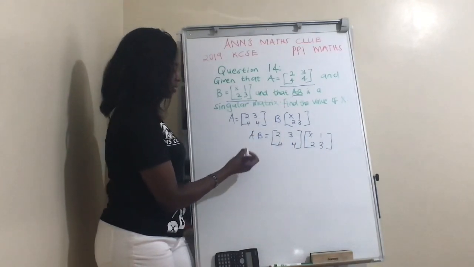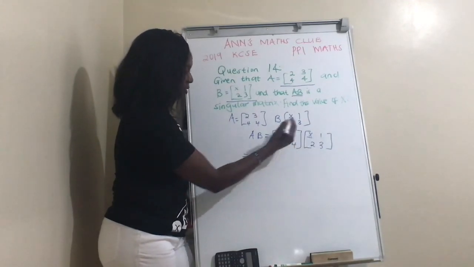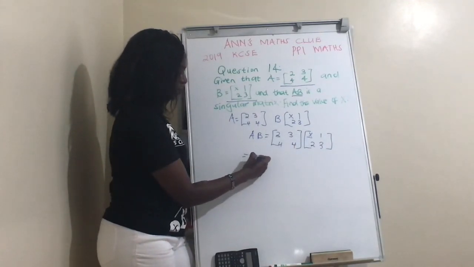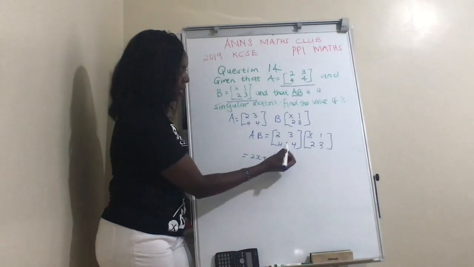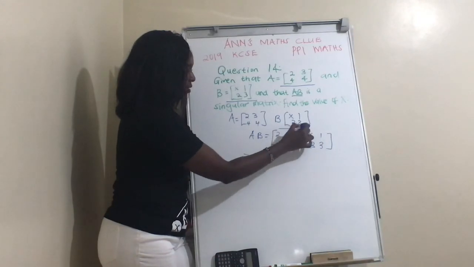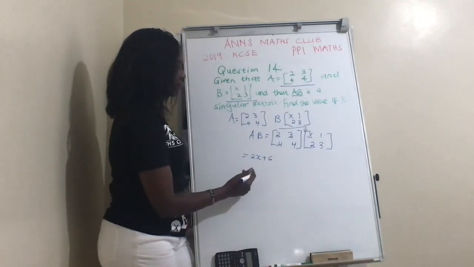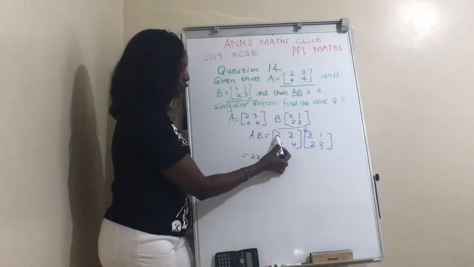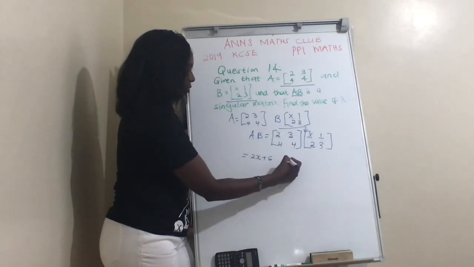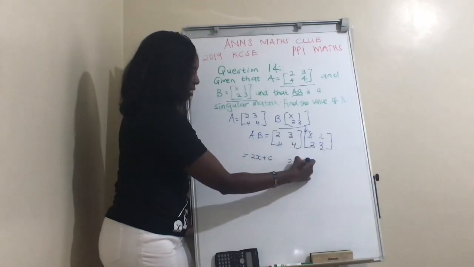So let's do it practically. First, you take 2 times x, so 2 times x becomes 2x plus 3 times 2. You do this, this, and this. 3 times 2 is 6. For this other side, it becomes 2 times 1 is 2 plus 3 times 3 is 9.